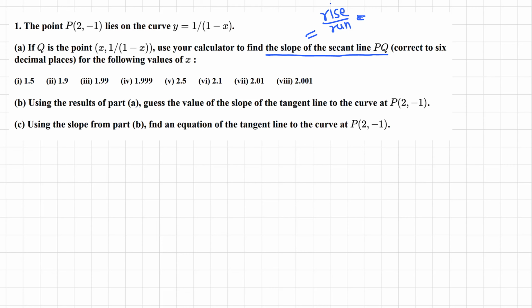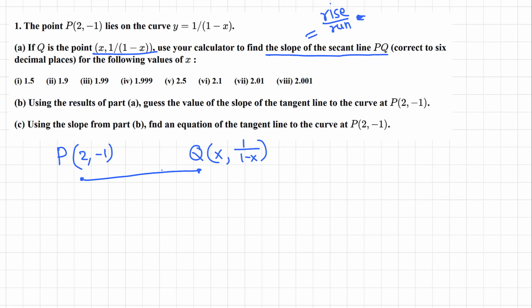Okay, so that's that. Let's look at the point P. P is (2, -1). P (2, -1) is a point, and Q is a generic point (x, 1 over 1 minus x).